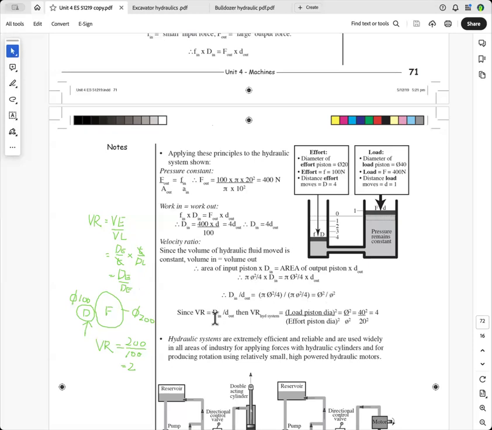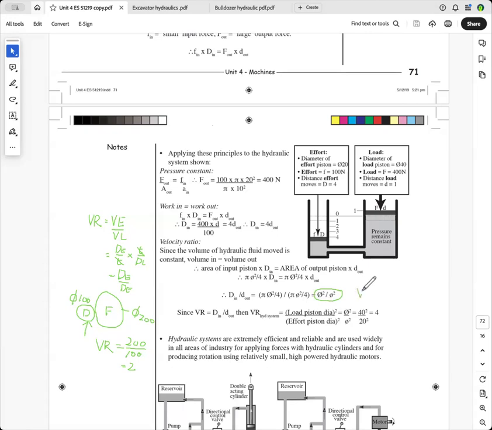Since velocity ratio is equal to distance of the effort over the distance of the load, which we've got there, then the velocity ratio will equal big D squared over little d squared. And I want you to remember that because it will save you heaps of trouble.